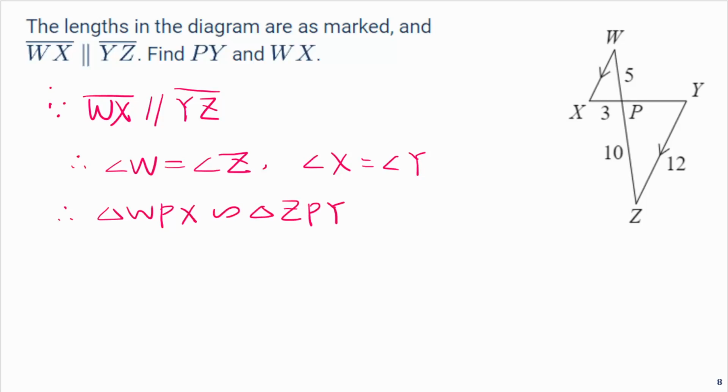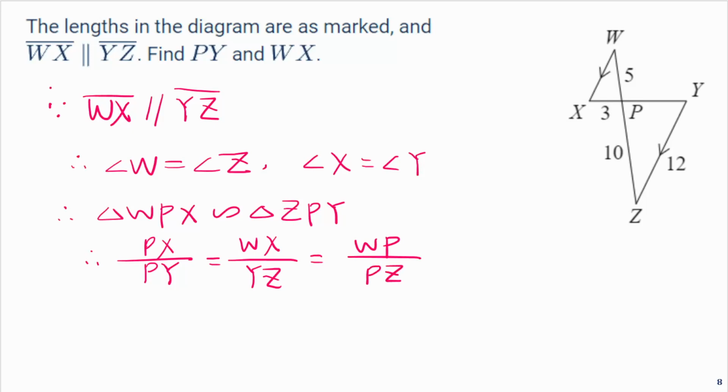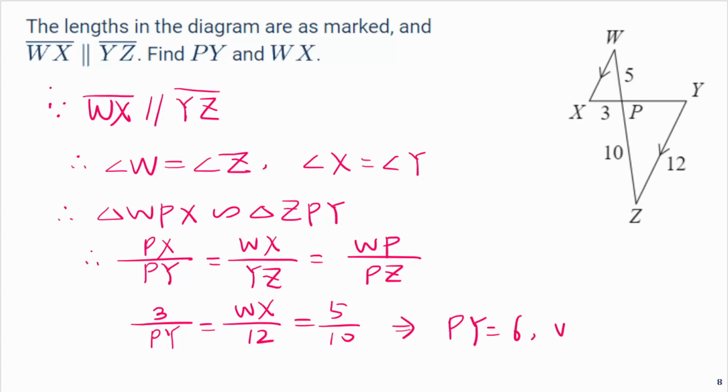Hence, we have PX over PY equals WX over YZ equals WP over PZ. Substitution gives us 3 over PY equals WX over 12 equals 5 over 10. Therefore, we can easily find PY equals 6 and WX equals 6, right?